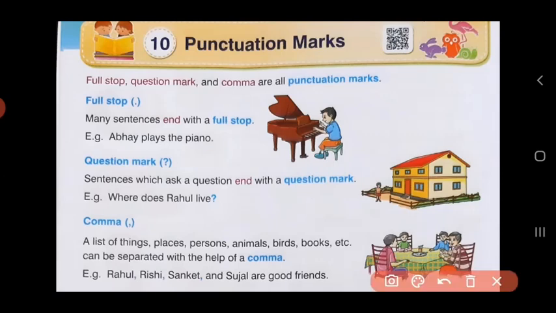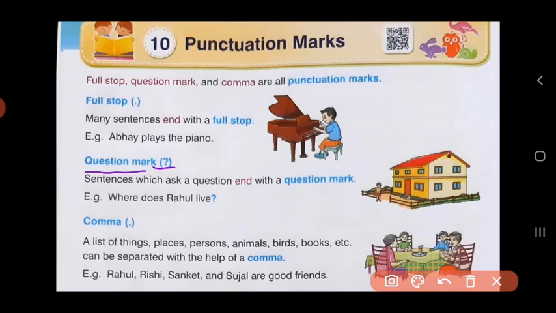Now let's see the second type, question mark. And this is how you write a question mark. When do you use a question mark? At the end of a question. What is the meaning of question? When you ask something. In Hindi, we say sawal पूछना.